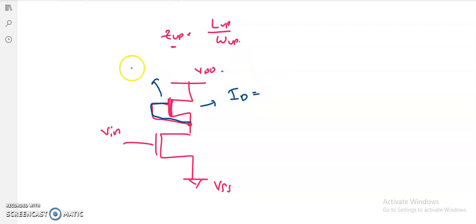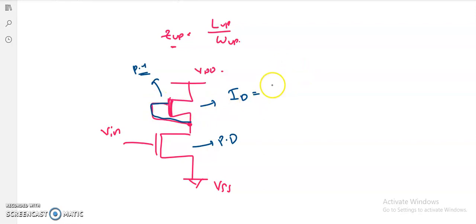So here the depletion mode NMOSFET acts like a pull-up section, and this enhancement mode NMOSFET acts like a pull-down section. For the pull-up section, why is it in the saturation mode? Because the gate and source are short circuited, so it is continuously in the on state.